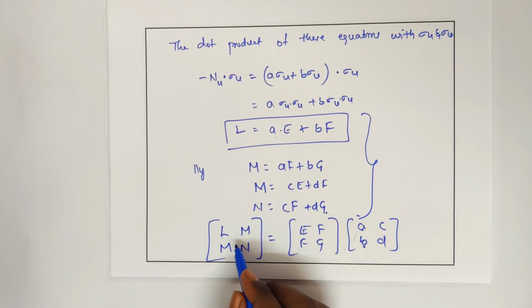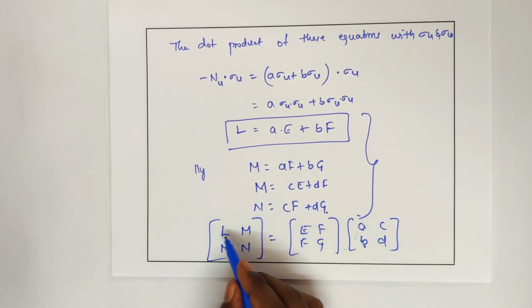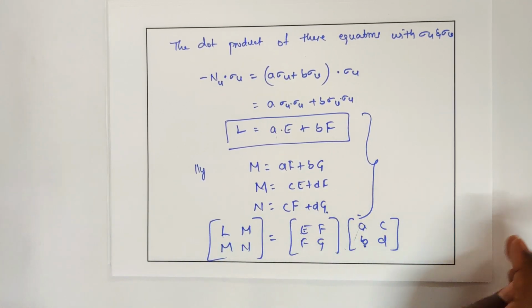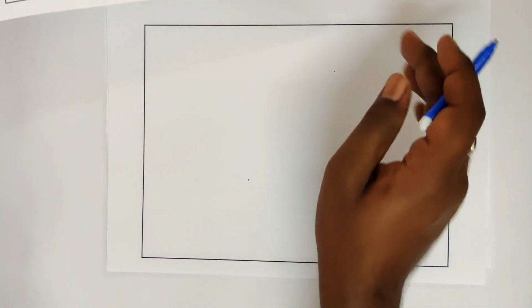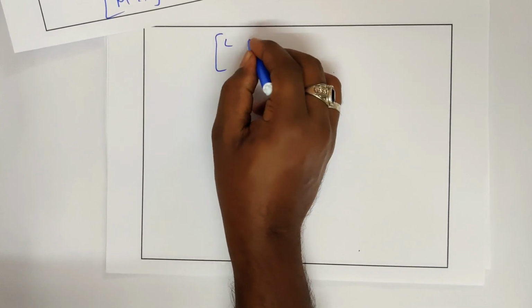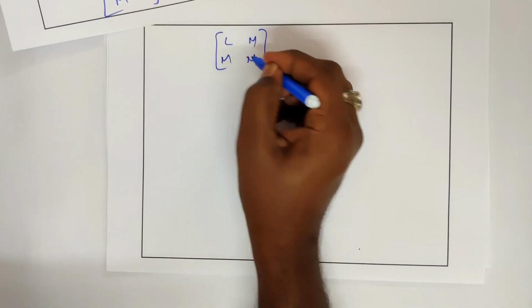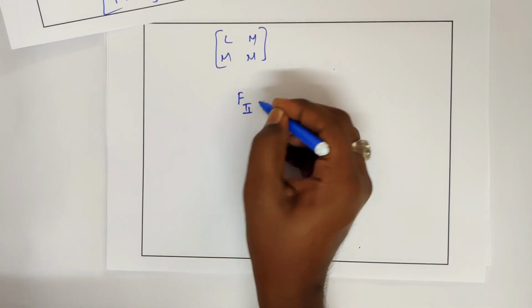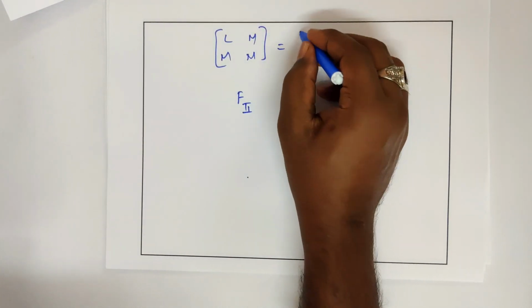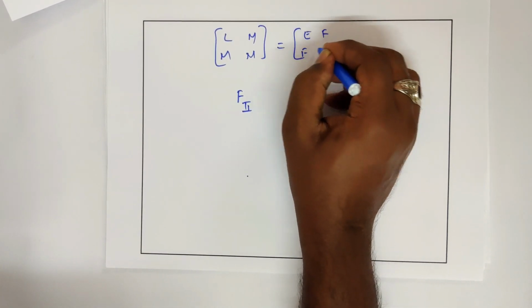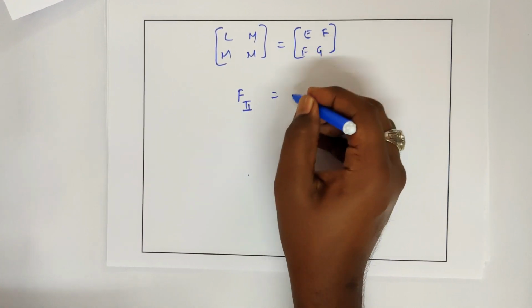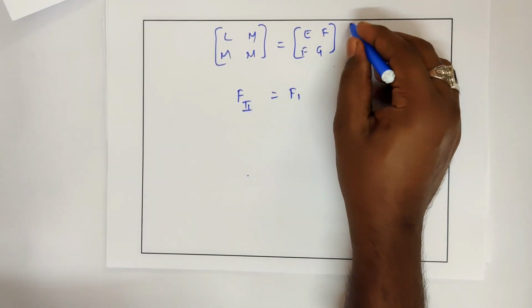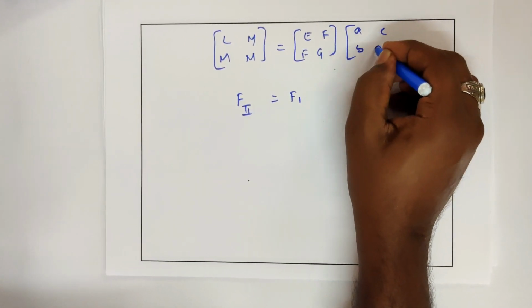But then what do we know about these matrices? The 2 cross 2 matrix of L M M N is nothing but our F2. So this matrix L M M N is nothing but our F2, and what we got was E F F G. What was this? This was nothing but our F1, and what was left out was a c b d.